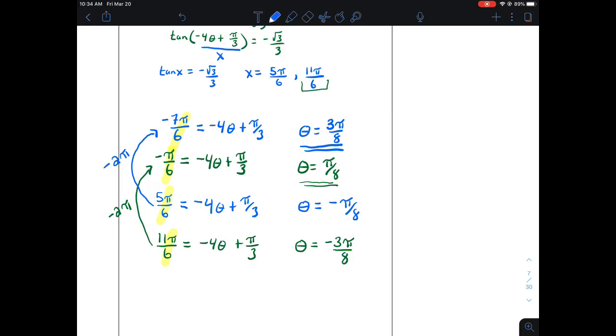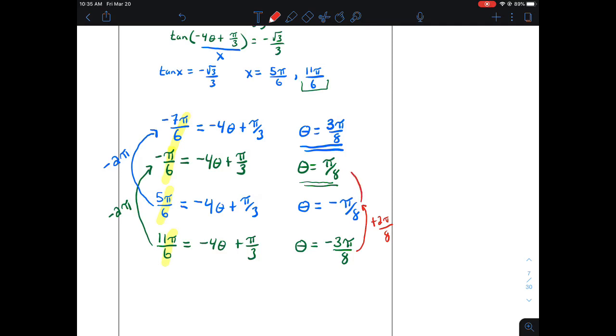However, there is also a pattern that will exist in your solutions. They will either be equally spaced or they will alternate in the spaces between them. And I'll show you what I'm talking about. I'll start with the one on the very bottom. To go from negative 3 pi over 8 to negative pi over 8, I add 2 pi over 8.